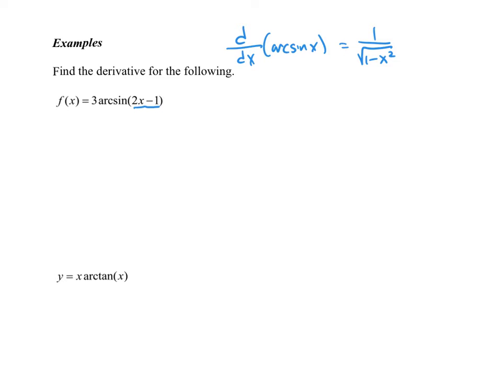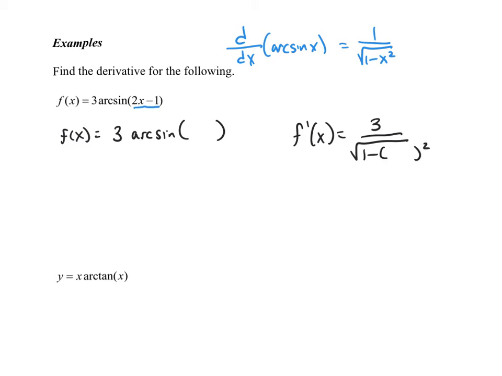Well, unfortunately, we have this inside, so our outside function we're going to think of as 3 arc sine of something. So the derivative of arc sine is going to be 3 over the square root of 1 minus something squared. Remember, if it was just x, we just put an x in there, but it's something different in this case.